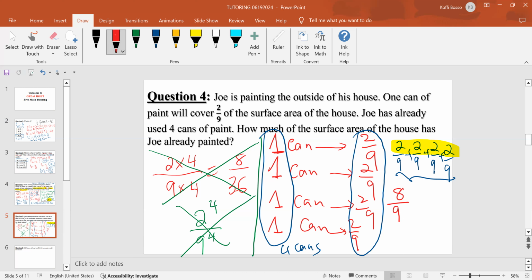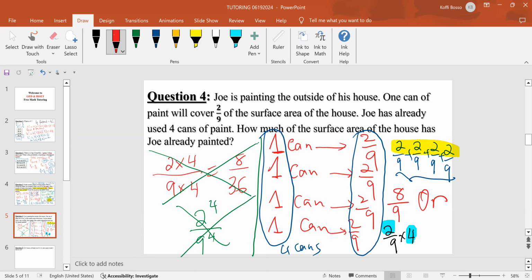Another way to do it fast is to take 2/9 and multiply by 4. You have the idea, but you didn't use it properly. Multiplying by 4 means multiplying the numerator only by 4. A fraction multiplied by a whole number means multiply the numerator of the fraction by the whole number.